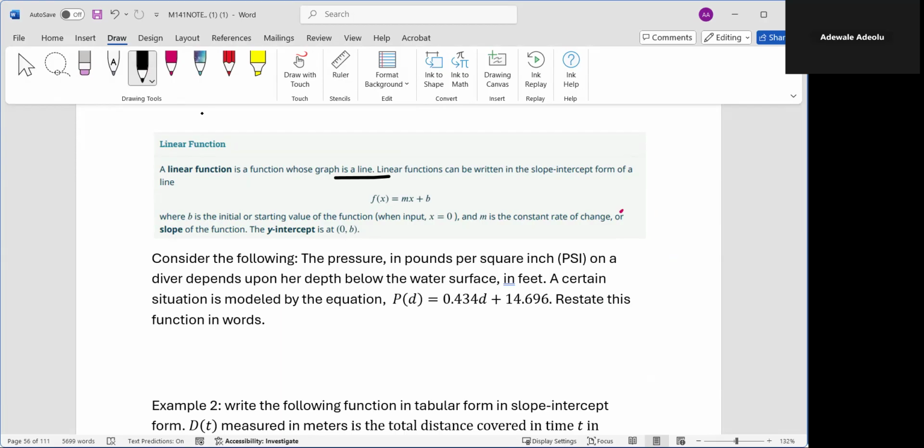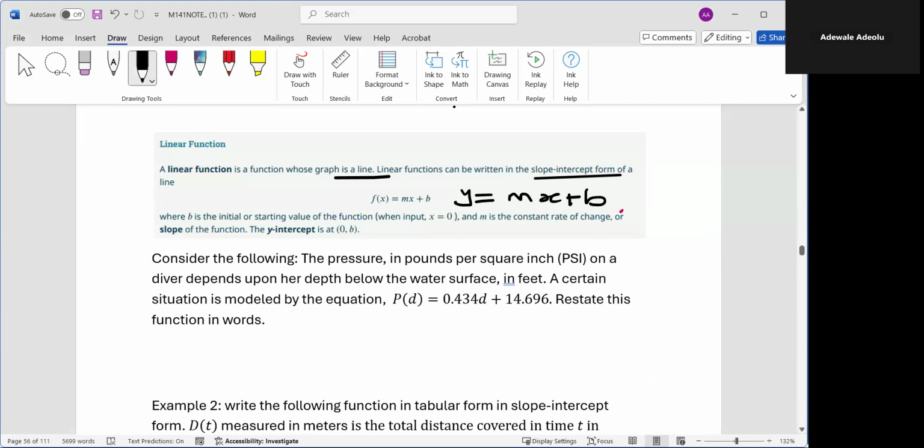A linear function can be written in the slope-intercept form of a line. So this is what we call the slope-intercept form. That is y equals mx plus b. So this equation has meaning.